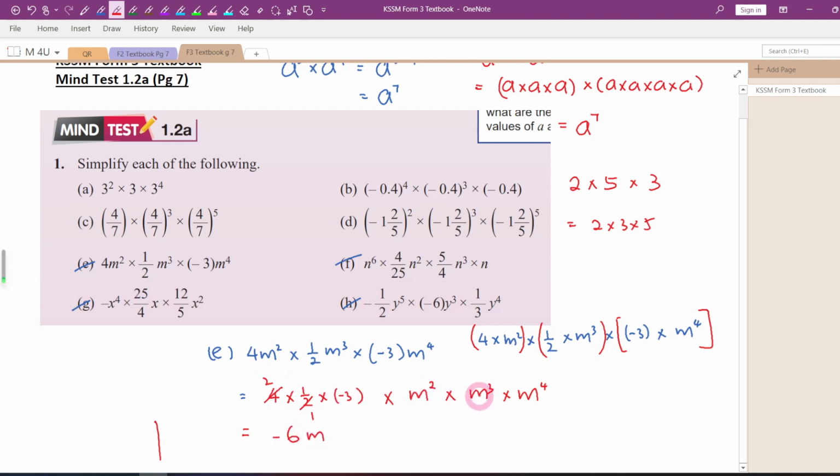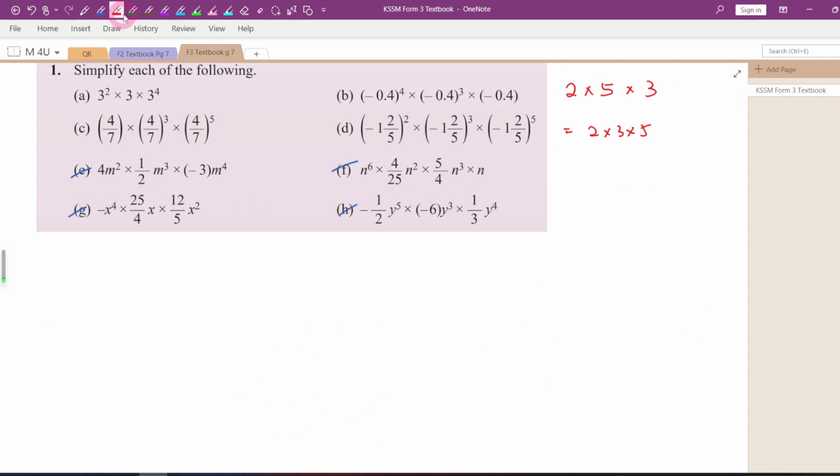So this is multiply, right? And all the bases are the same, m. What do we need to do? We just add up their power. So 2 plus 3 plus 4. Eventually, our answer will be negative 6 m power 9. Okay, so this is the answer for E.